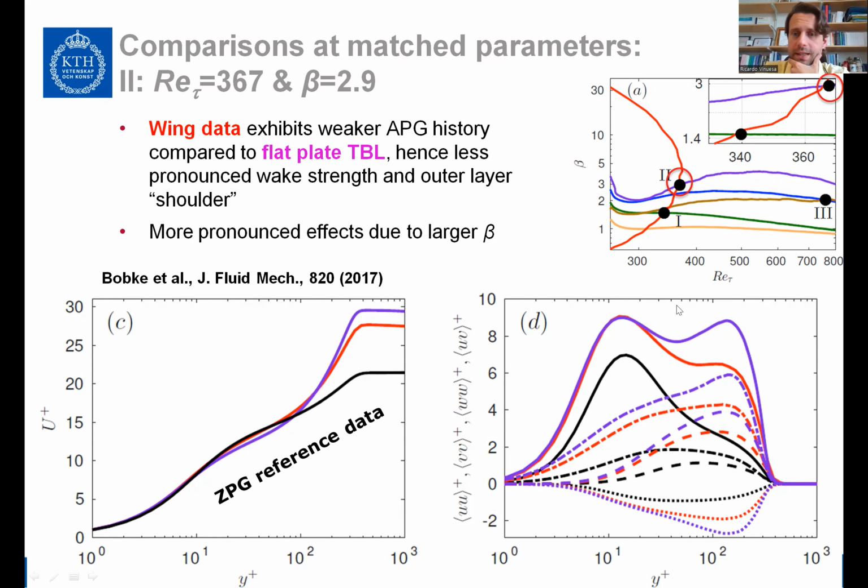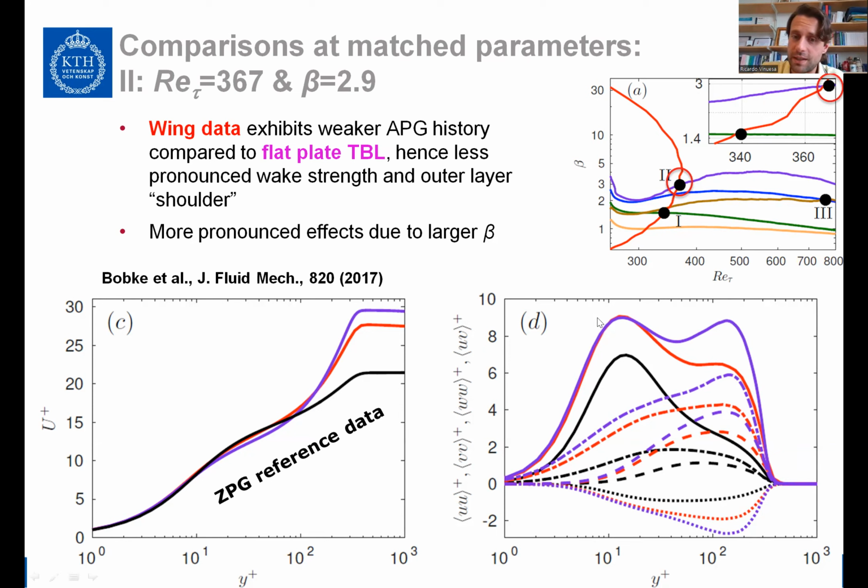These are the Reynolds stresses, and the effect of the flow history, as you can see, is more pronounced in the purple case, because even if both the red and the purple profiles have quite a strong outer peak, the purple line has a much stronger outer peak than the red one, which indicates that that boundary layer has been exposed to a much stronger APG evolution, which means that the accumulated effect is more prominent.